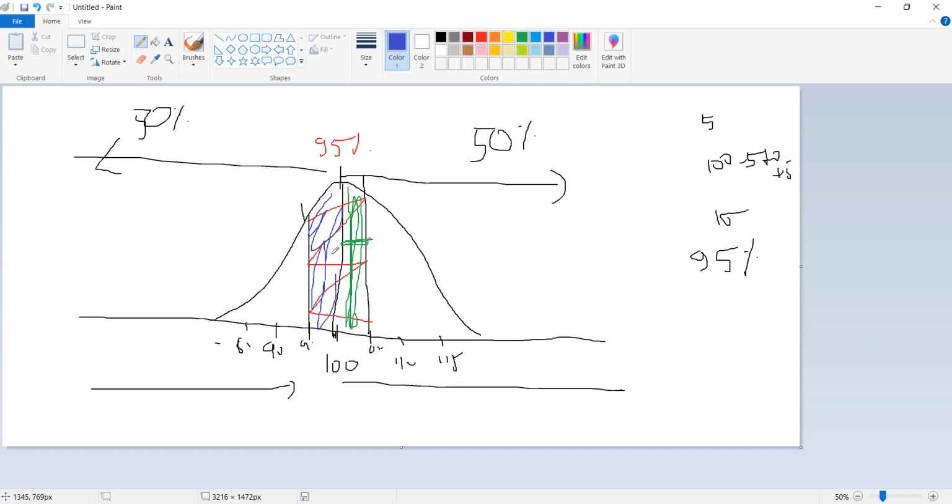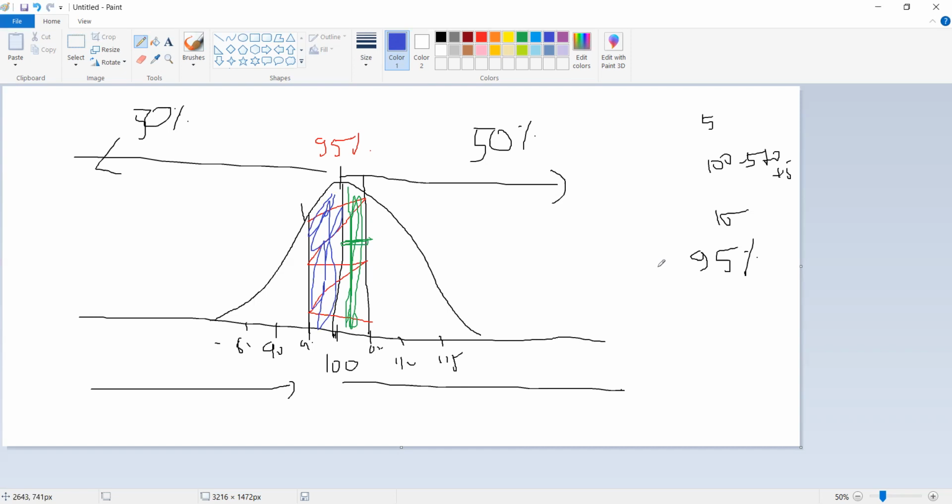It's also 47.5. So 1 sigma, that means standard deviation on left and right together, will constitute 95%. One standard deviation is always 95%.